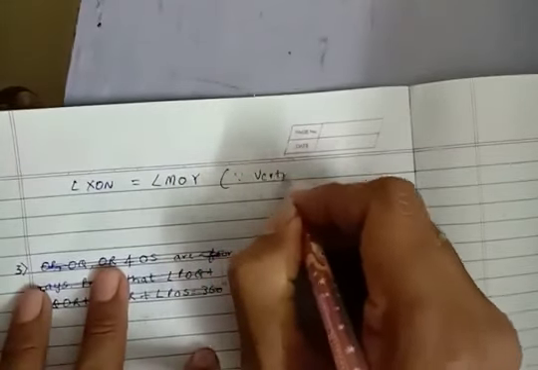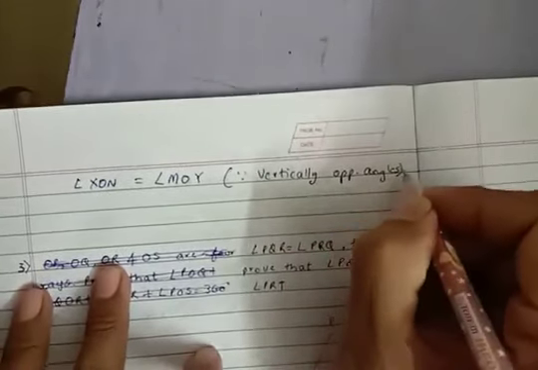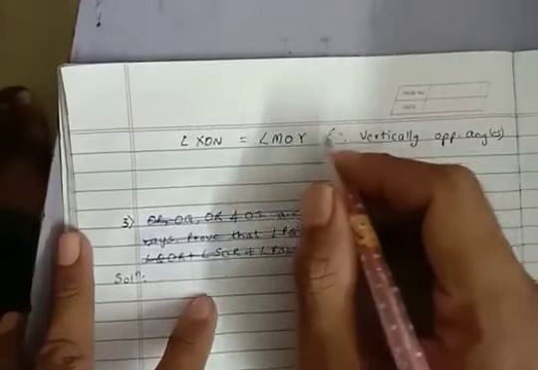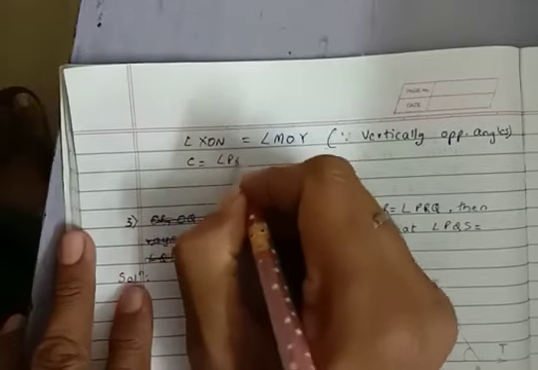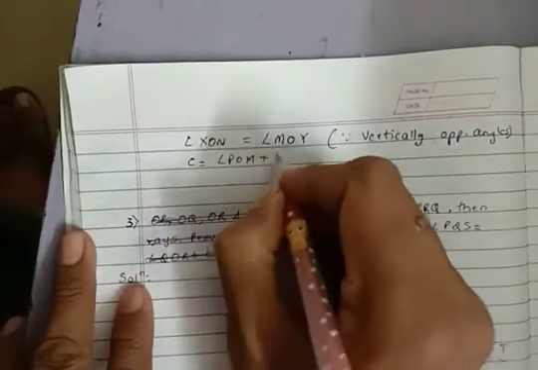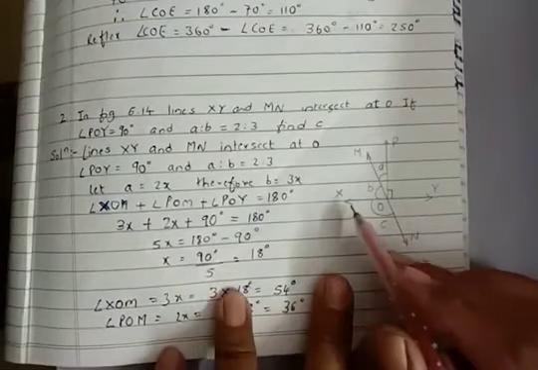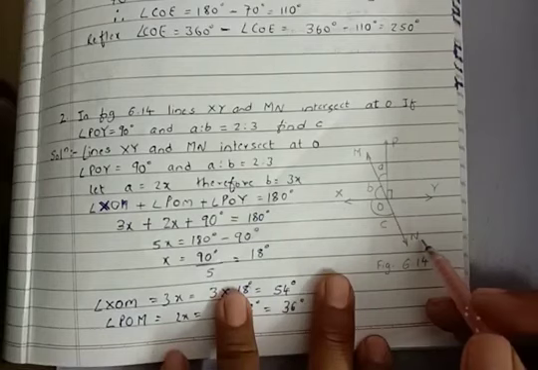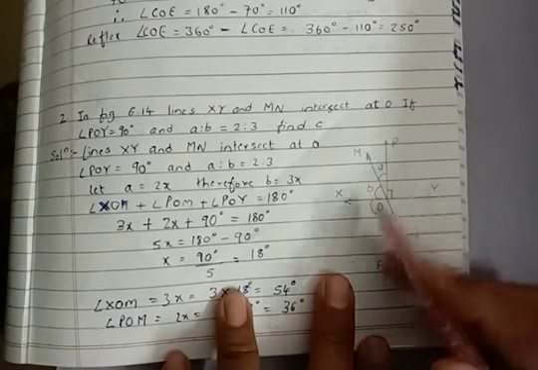Because of vertically opposite angles, right? And c is equal to angle POM plus angle POY. Now XON is equal to MOY because of vertically opposite.